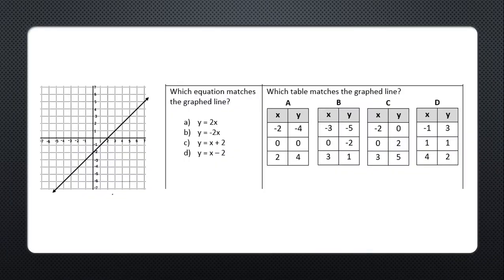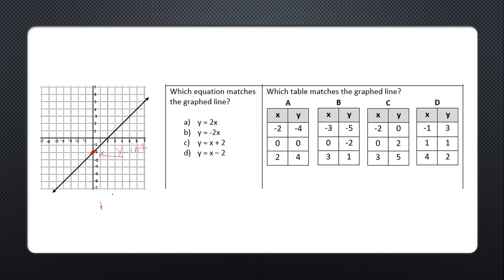All right, so in this example, you basically have to figure out which equation matches the graph that's represented. Well, in order to do this, we need to look at two things, our y-intercept. So our y-intercept, which is this point right here, is negative 2.